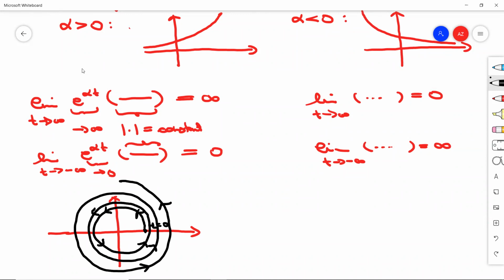While if we decrease t, so if we send t to minus infinity, we will be still traveling around the origin, but the radius will become smaller and smaller. So we'll spiral towards the origin.